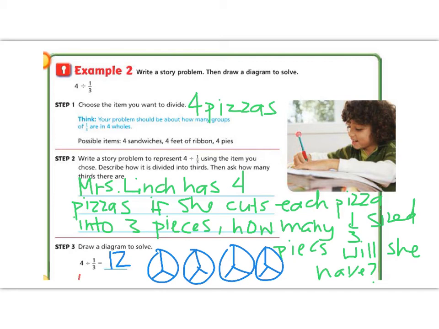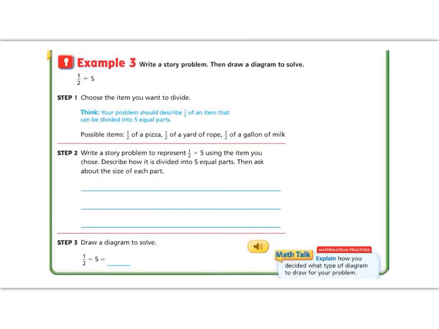We're going to keep the 4, change the operation, and flip the 3. So we have 3 over 1. 3 times 4 gives us 12. Great job so far, 5th graders. Let's continue on with our last example.